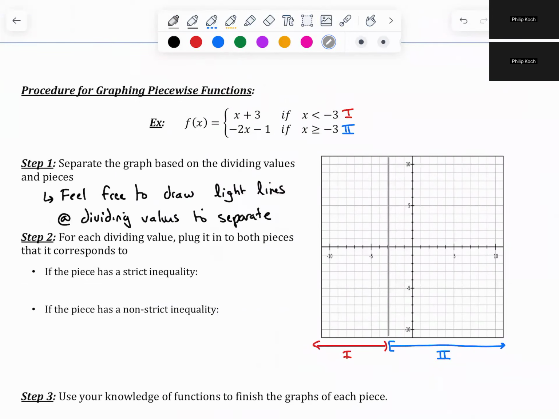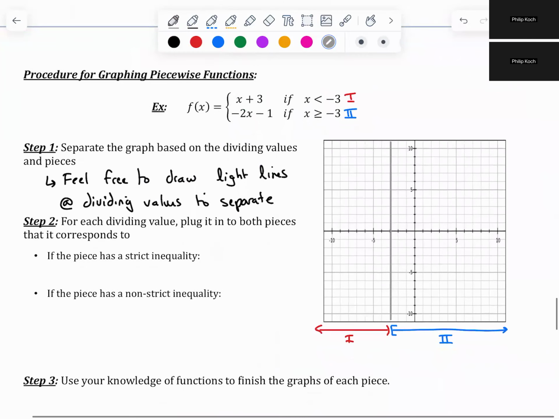Step 2, for each dividing value, plug it into both pieces that it corresponds to. If the piece has a strict inequality there, it's an open circle. If it's a non-strict inequality, solid dot.